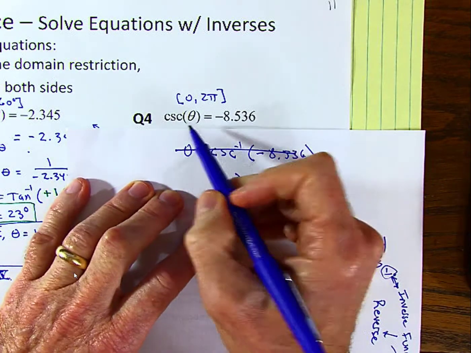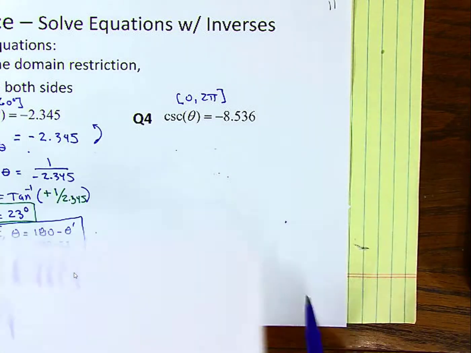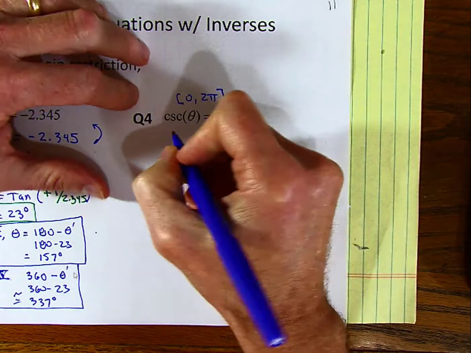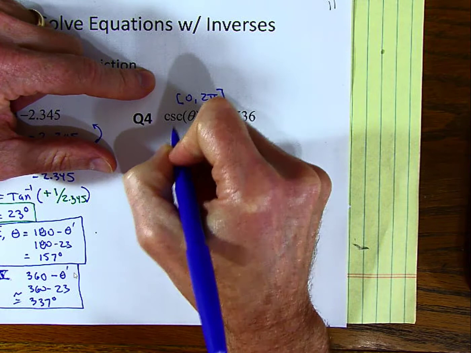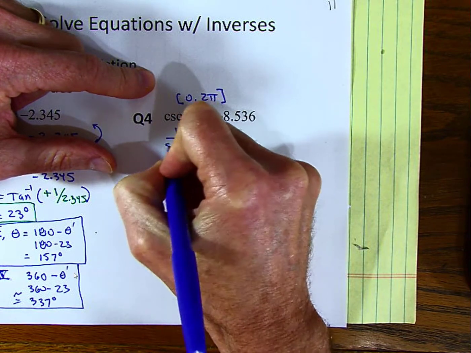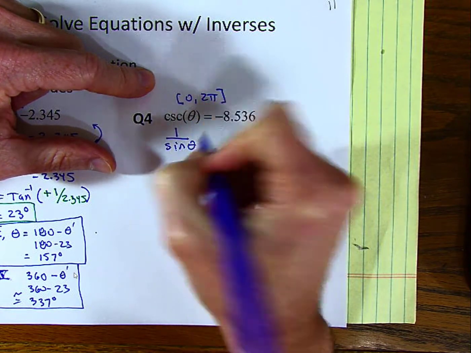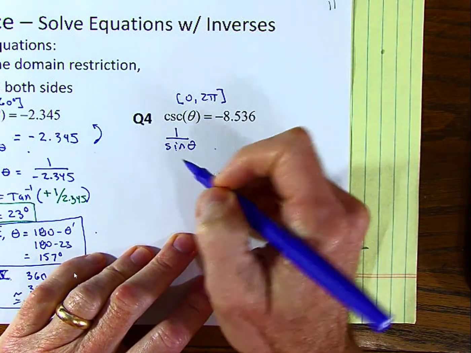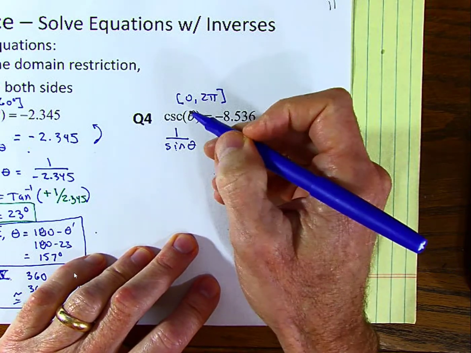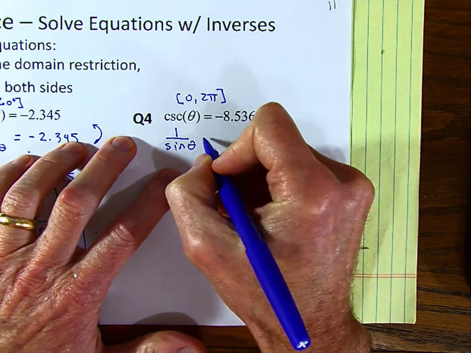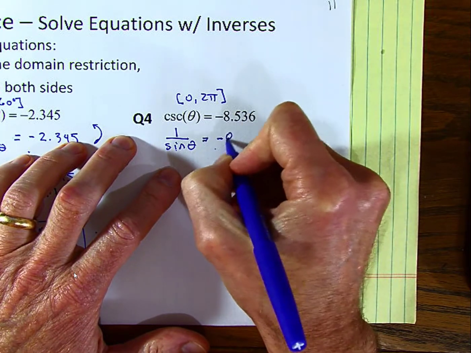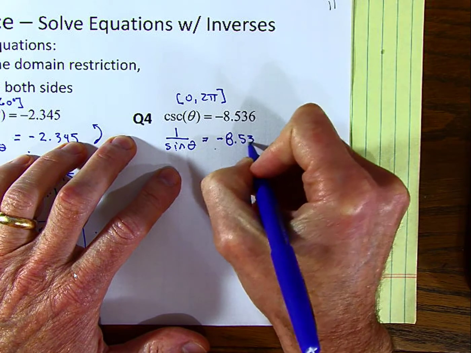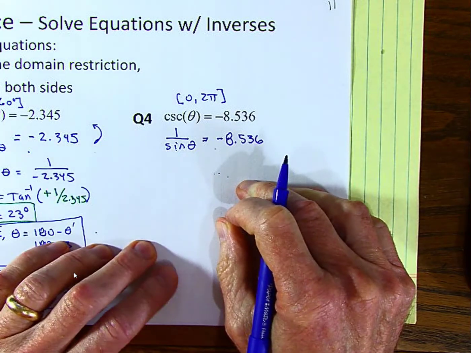So we've got to change this hard equation into something easier. We're fortunate that we have identities. Cosecant is equal to 1 over sine of theta. We are using this reciprocal identity, but this is not an inverse. This is a reciprocal. Now, once you get the hang of this, you could skip this step, but I suggest you don't at first.